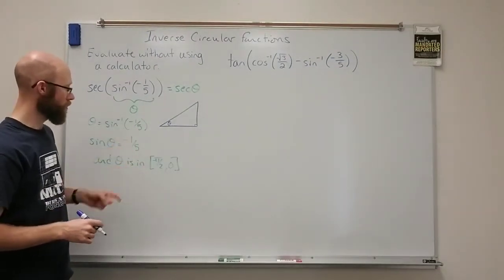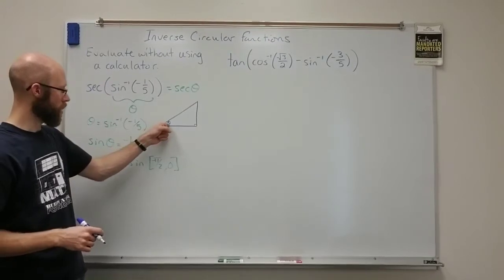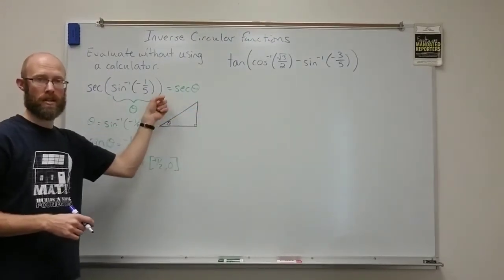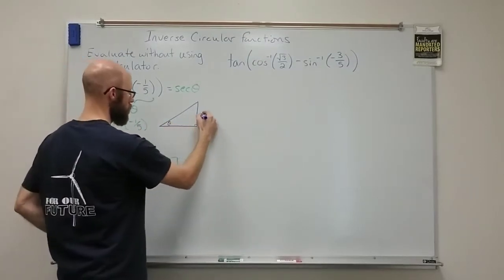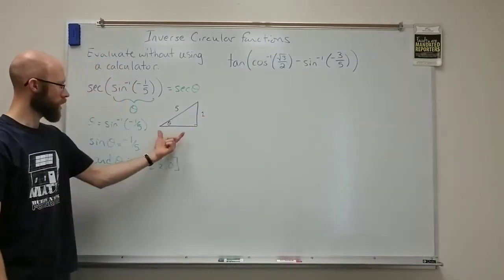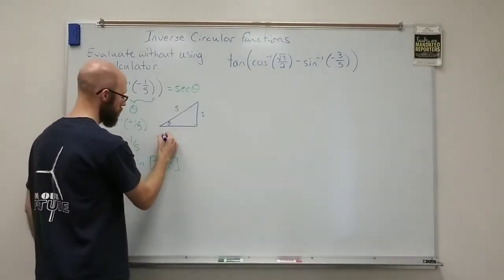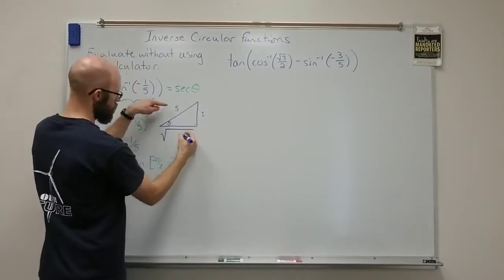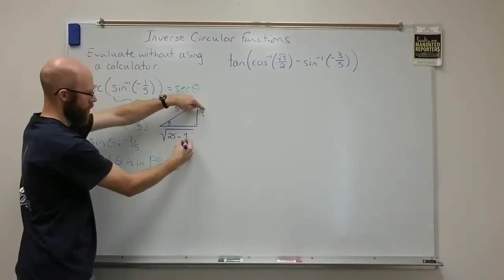So the 1 and the 5 are what's important, and we know that the sine being 1/5 means 1/5 is opposite over hypotenuse, right? So that would be a 1 and a 5. We can then find the third side using the Pythagorean theorem. It would be the square root of the hypotenuse squared minus this leg squared.